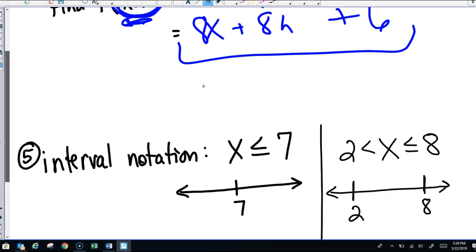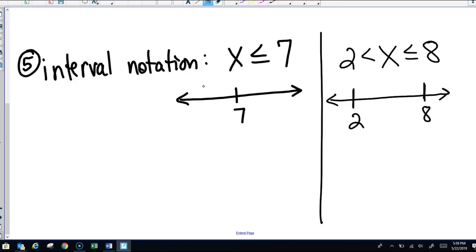Okay, let's review for a minute interval notation. How to write something like x less than or equal to 7. Well, first, if it's been a while, the best idea is to graph it on a number line. So if we're graphing x less than or equal to 7, the or equal says we would want to include 7. And then less than, it would be going back to the left. That just goes negative, negative, negative forever. So that's our negative infinity.